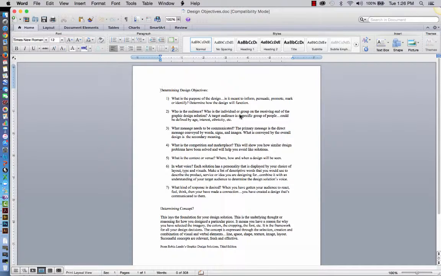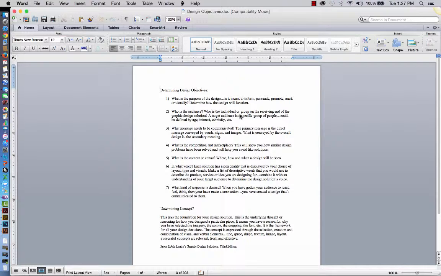Or my concept could be to make it look like the old-time banks of the Roman era. Again, that's the concept, and you would research that particular era and see what was going on in terms of typefaces or chiseled type, colors, shapes, and then utilize that to create your concept and make your underlying choices for your design.